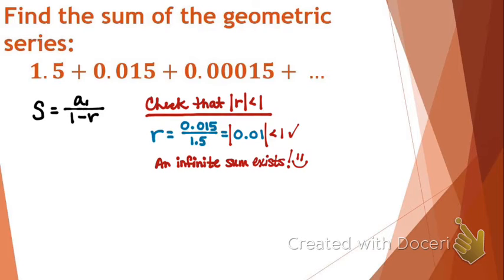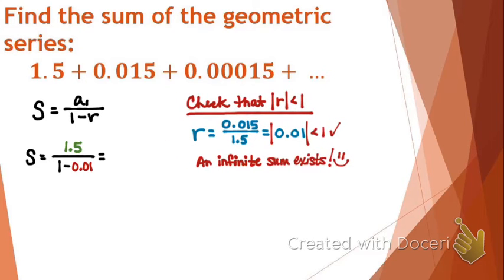So let's find it. What goes up in my numerator? 1.5. Down in the denominator? 1 minus 0.01. What is 1 minus 0.01? 0.99.